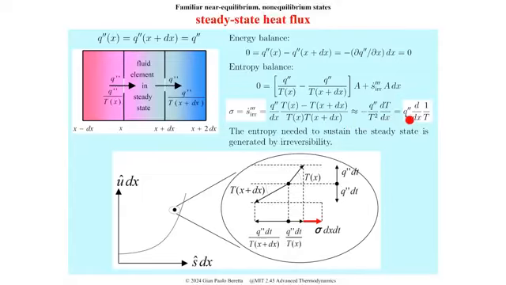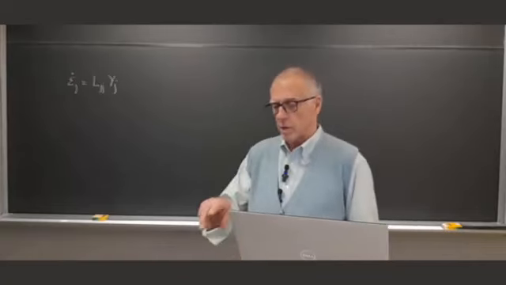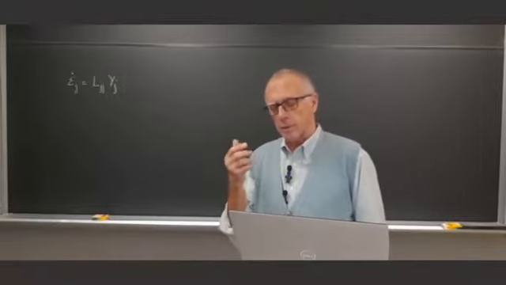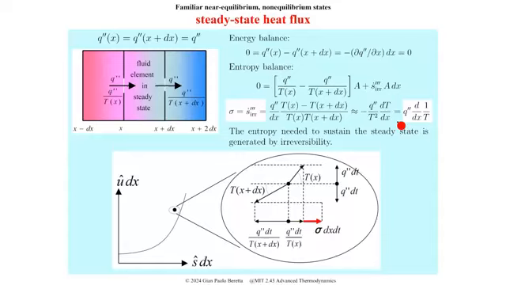Okay, so we like to write the entropy production rate as the heat flux times this gradient of the inverse temperature. This is analogous, and this is why we are doing it now, to the chemical idea that entropy production rates are given by a product of a reaction rate times an affinity.